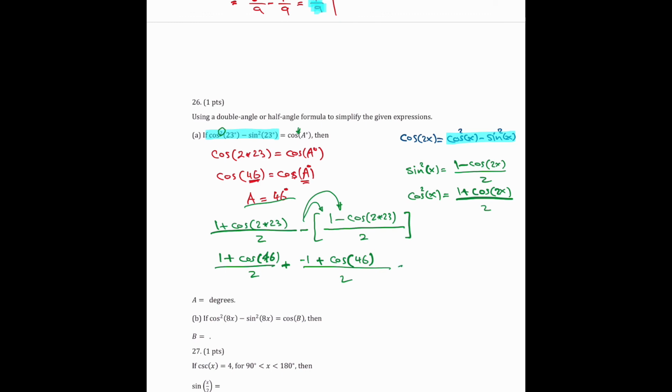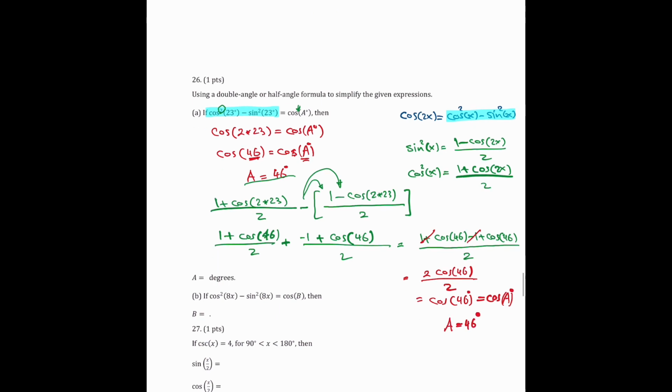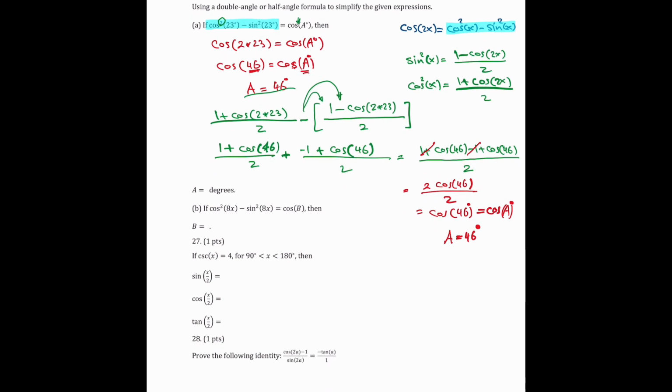Now I have the same denominator. I can write this as 1 plus cosine 46 minus 1 plus cosine 46, over 2. The 1 is going to cancel with the 1, and now I have 2 cosine 46 over 2, which is cosine 46. That is the left-hand side. Comparing that to the right-hand side, I notice that A is equal to 46 degrees. So either way, it's going to work.